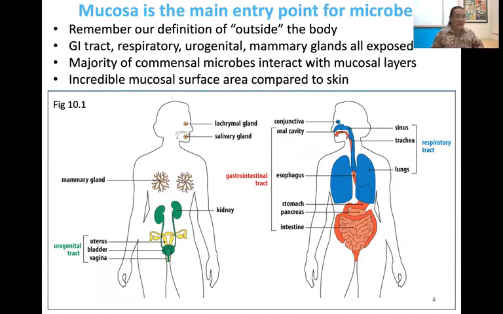So I ask you to remember the definition of outside versus inside that we use as immunologists. When you're a little toddler, you had this impression that when mom and dad are feeding you some mashed up peas on a spoon, it's outside, and then once it gets in your mouth and they make you swallow it, oh, now it's inside my body. But now as immunologists, we have to think about it differently.